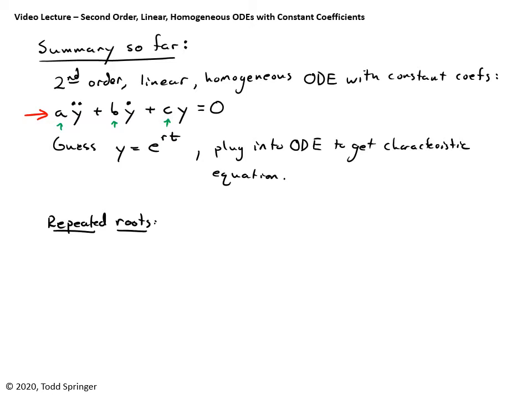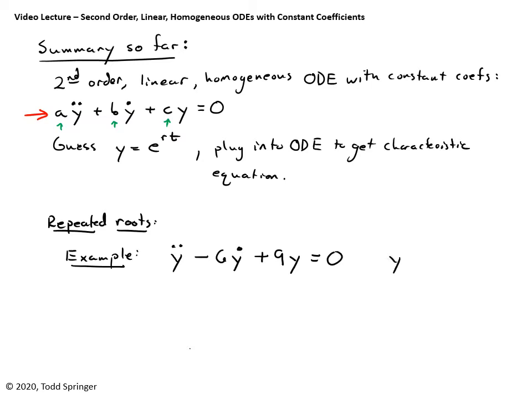But what if your quadratic equation only has one solution? So an example of that would be something like this. Here's an example of an equation which is exactly the type that we're talking about. Now suppose you substitute in y equals e to the rt.